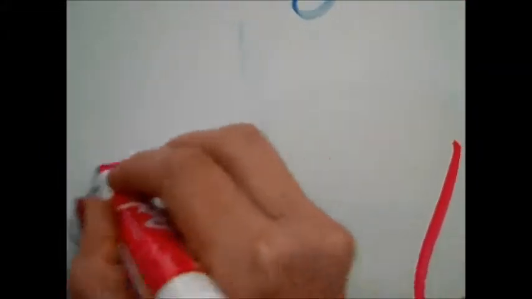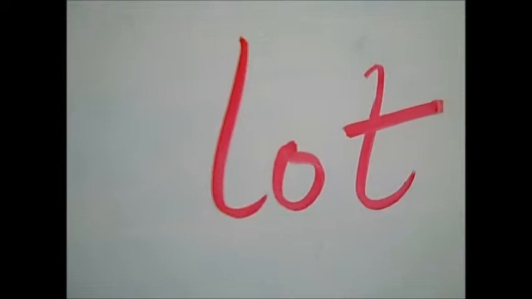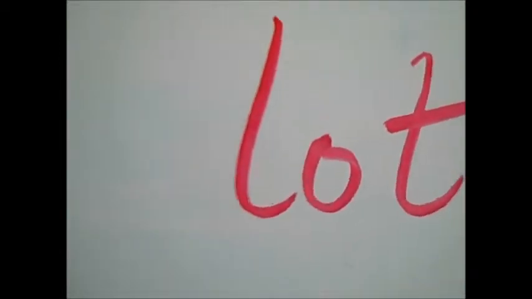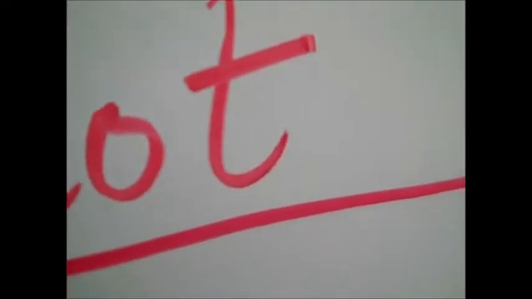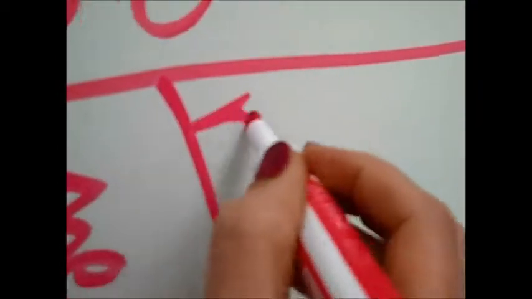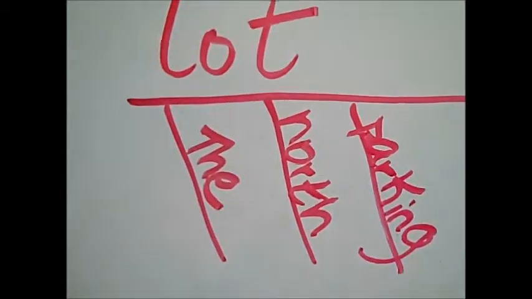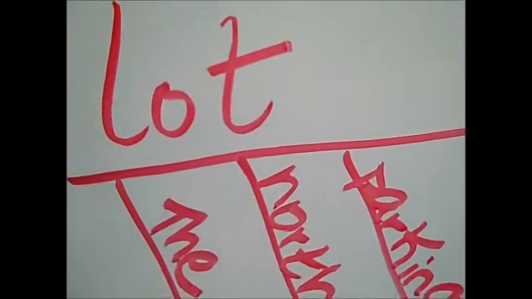Okay, sentence number 9. The north parking lot was totally empty after the game. So my simple subject is lot. The, north, and parking are adjectives that describe what type of lot we're talking about. The parking lot. Was is my linking verb. This is my state of being verb. It's the simple predicate of the sentence.